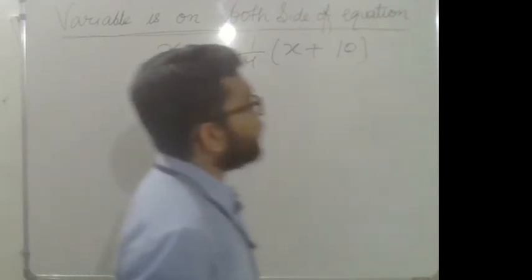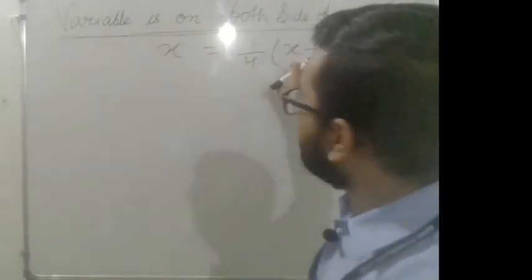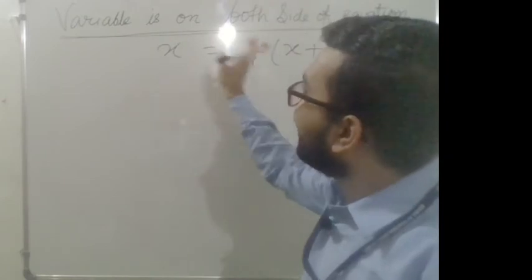This is another example. So here variable terms are on the right side and also on the left side.